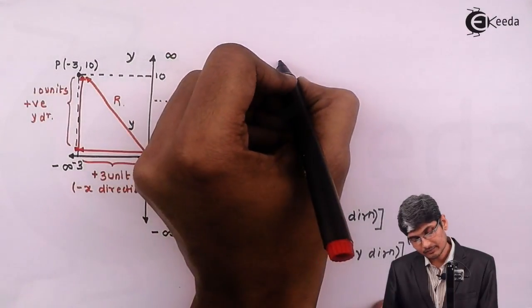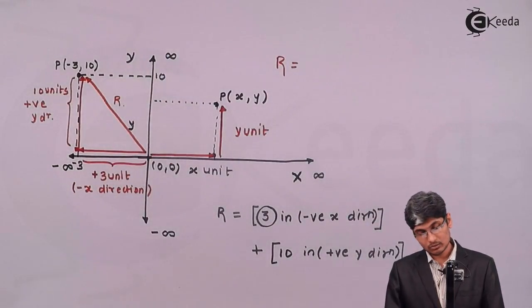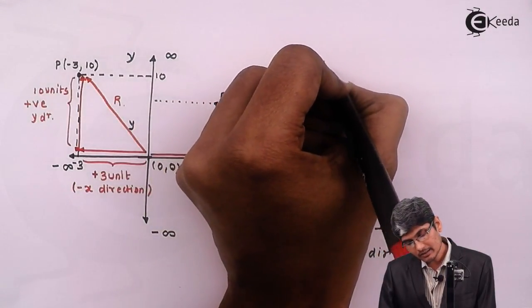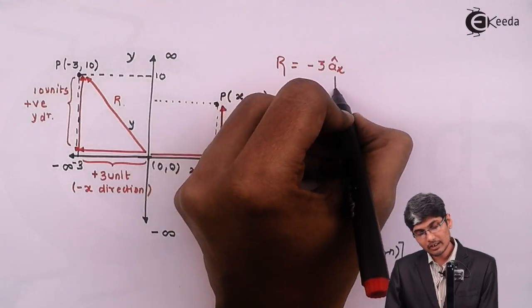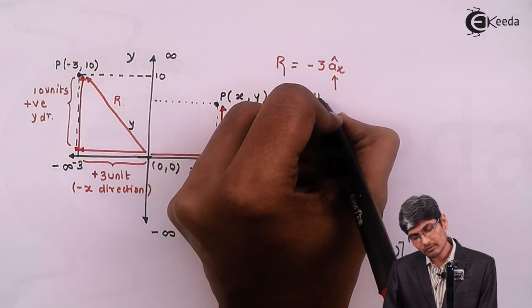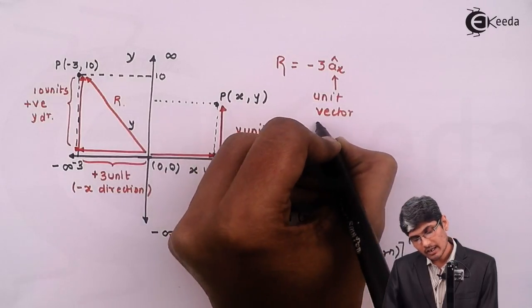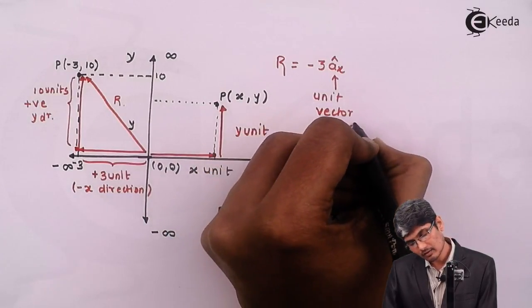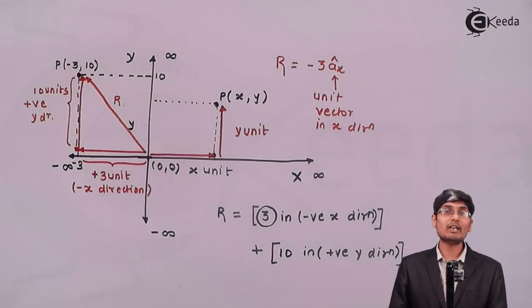I can say that the resultant R is equal to minus 3 a_x cap, where a_x cap indicates the unit vector in x direction. But we don't have x direction, we have negative x direction.